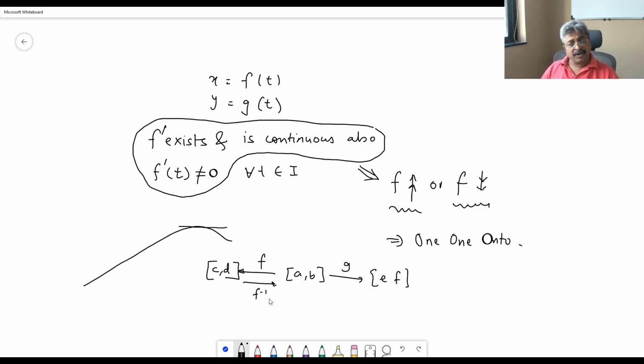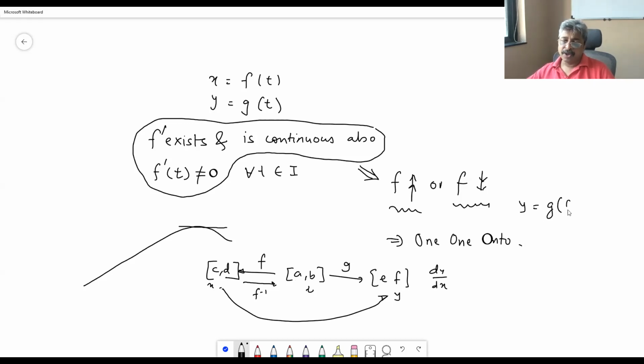Okay, and therefore the composition of the function from x to y: this is x, this is y, and this was t in between. So dy by dx we wanted to find out, and our y was basically g of f inverse of x.